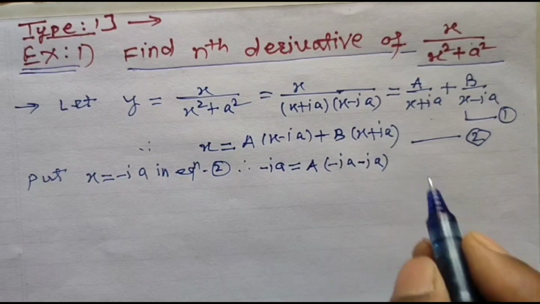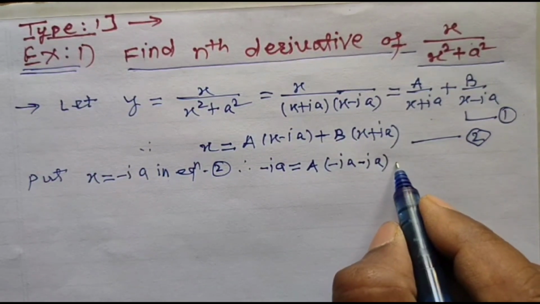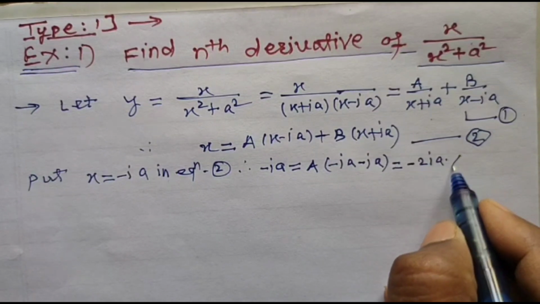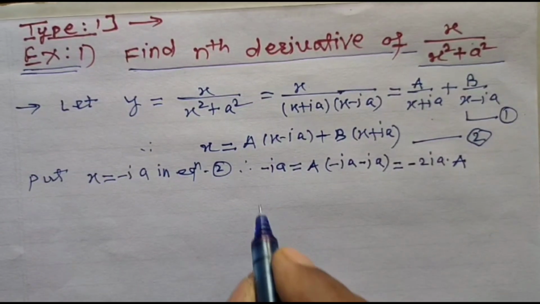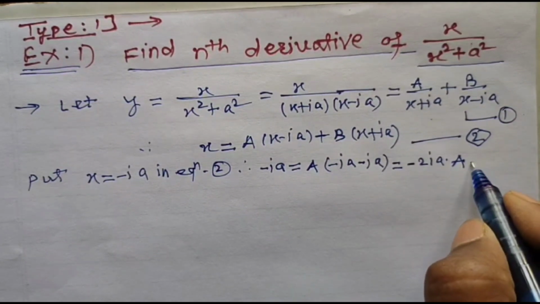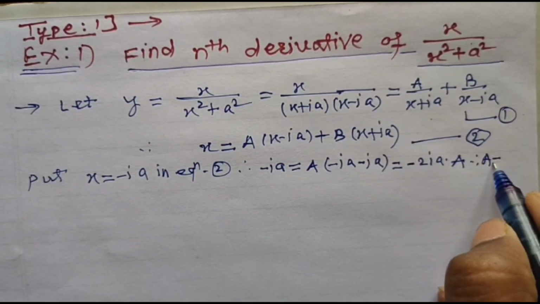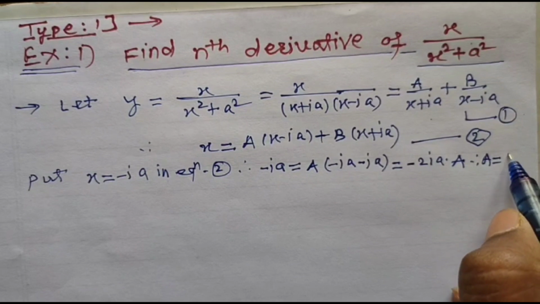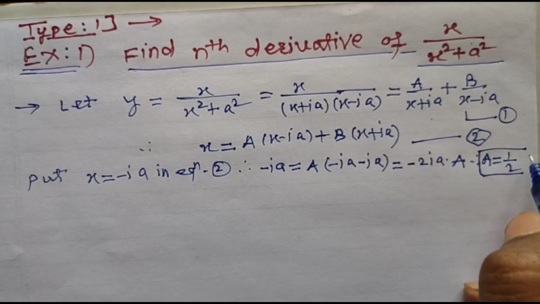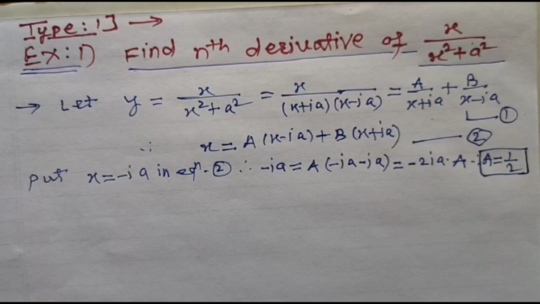This will become 0, and which is equal to minus 2ia A. Hence, taking minus 2ia on this side, we get A is equal to 1 by 2. We obtain the value of the first arbitrary constant, that is A is equal to 1 by 2.